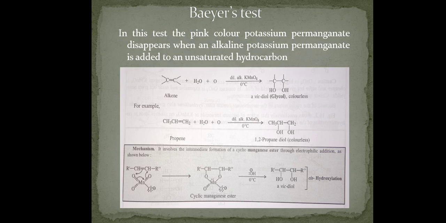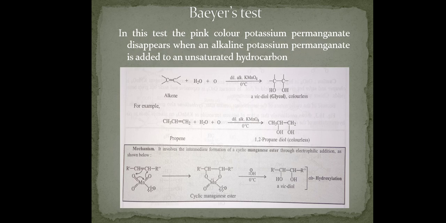It is because of the reaction which is happening, which is an oxidation reaction. Alkaline potassium permanganate is quite an oxidizing agent, and when an alkene reacts with water in the presence of the oxidizing agent, that is dilute alkaline KMnO4, then it produces a vicinal diol, which is colorless.